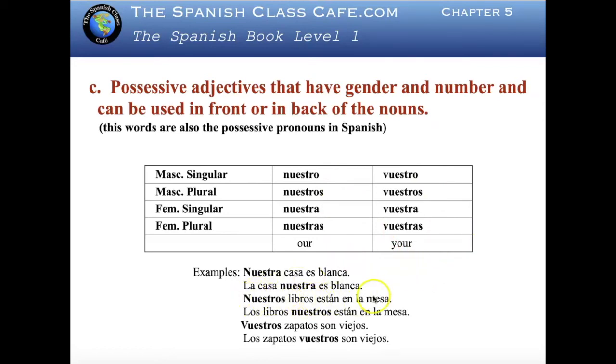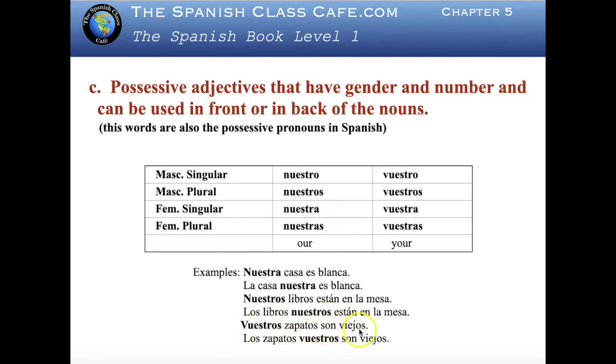Nuestros libros están en la mesa. Nuestros in the front of the noun libros. And if we move it to the back, will be los libros, the books. Los is the definite article, the plural, that has to go in the front, and nuestros will go in the back.